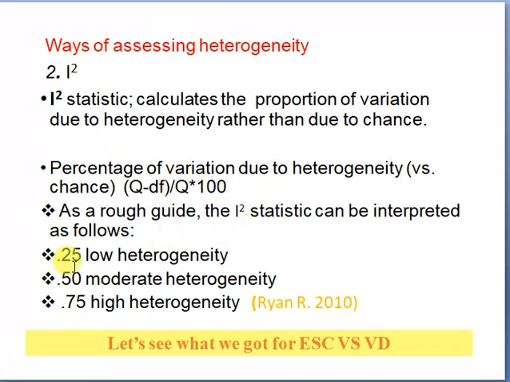If it is less than 0.25, there's low heterogeneity, that means it's almost homogeneous. If it is equal to 0.50, it is moderately heterogeneous, and greater than 0.75 indicates that it's highly heterogeneous.